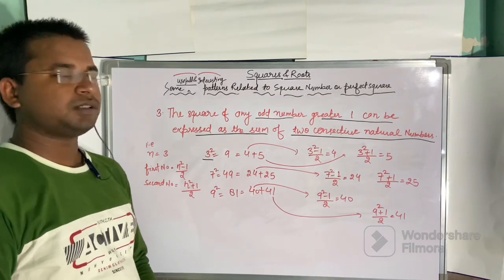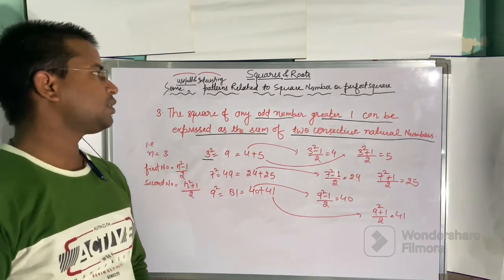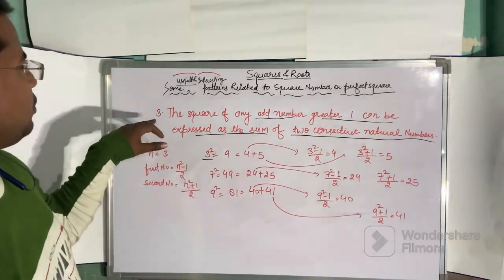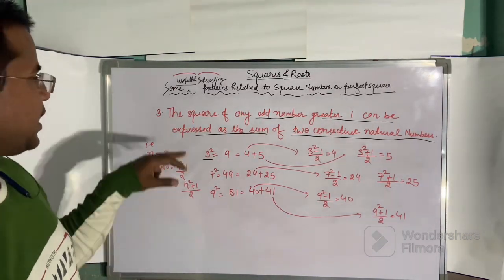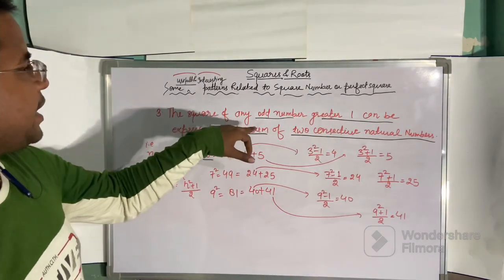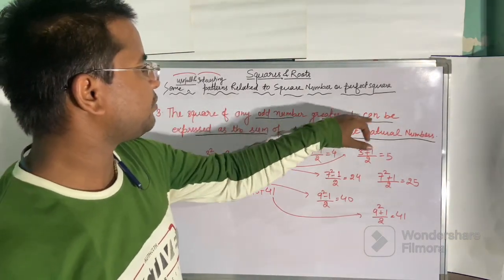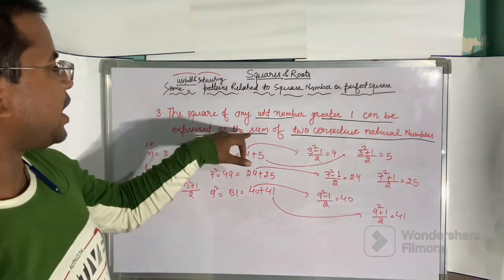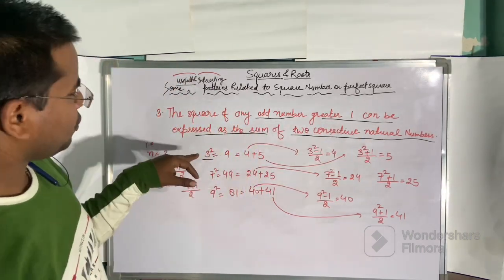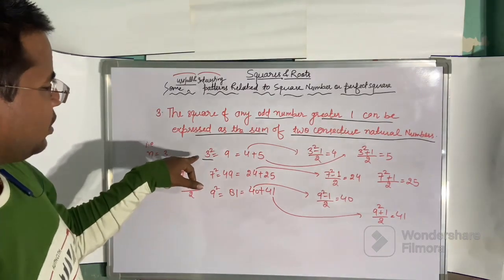Now we learn another very useful and interesting pattern related to squares. So let's study that pattern. The square of any odd number greater than 1 can be expressed as a sum of two consecutive natural numbers. So here the first number is 3.